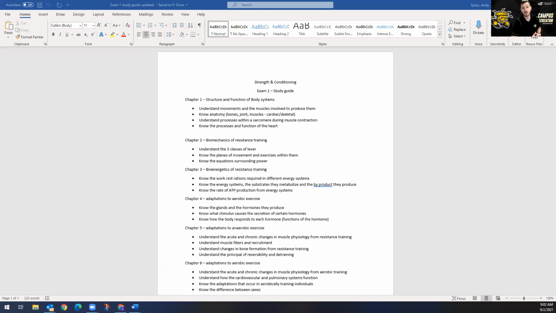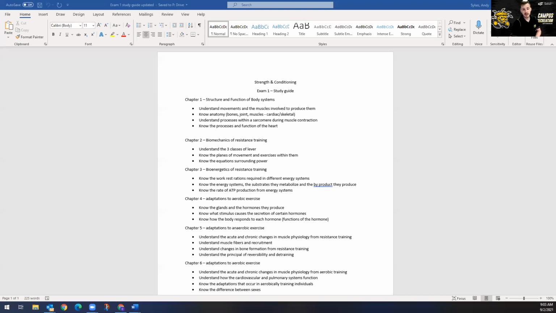Okay, so chapter 1, structure and functions of bodily systems. Understand movements and the muscles involved to produce them. Within that chapter, it goes through the anatomy. That shouldn't be anything new to any of you. Know your muscles that produce movements as your agonists, and the antagonists, the ones that relax when the agonists are contracting to allow the movement to occur.